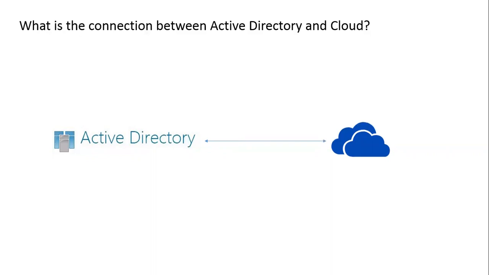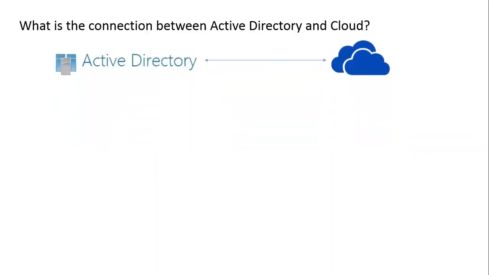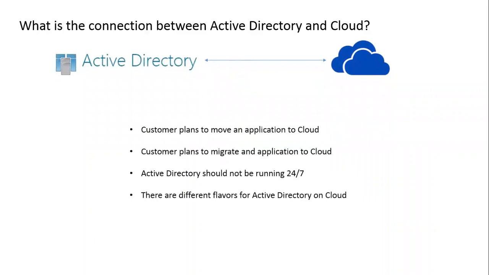So for us, in simple English, we need to understand a couple of points on how this is going to help. If the customer is planning to move to cloud, to migrate a small application to cloud, this will help. It shouldn't be running 24/7 in the sense that it's going to be, let's say, a production application sitting on cloud.